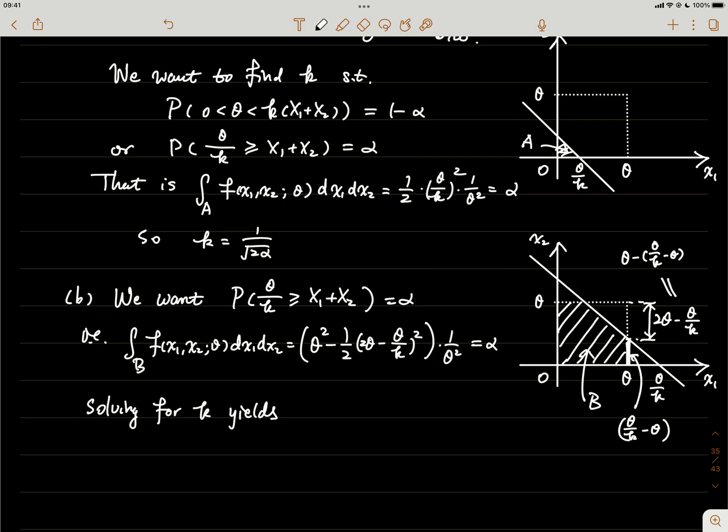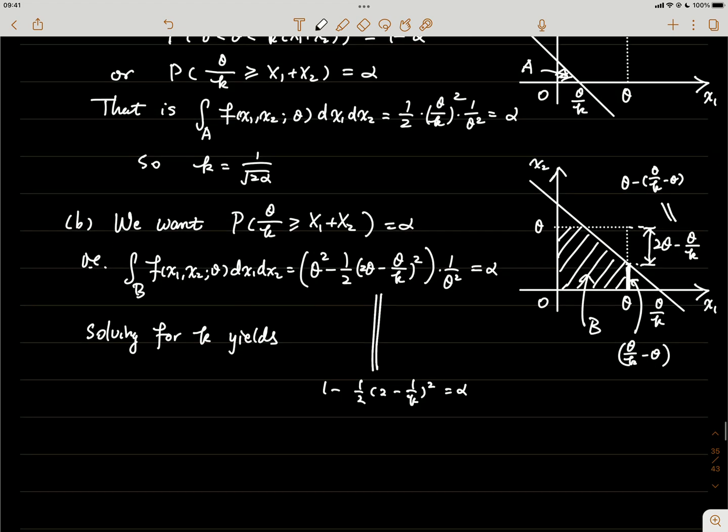Now we can see that they all have this theta squared. So trying to solve that, this is equal to 1 minus 1/2 times (2 minus 1 over k) squared, equals alpha. Moving alpha to the left and multiplying by 2, we have 2 times (1 minus alpha) equals (2 minus 1 over k) squared.